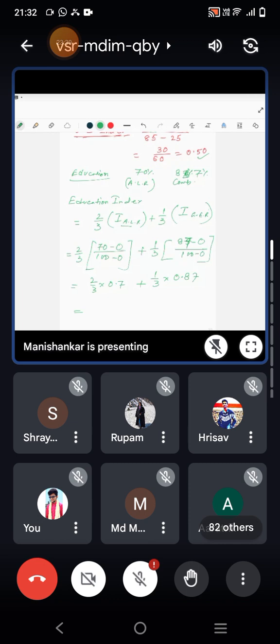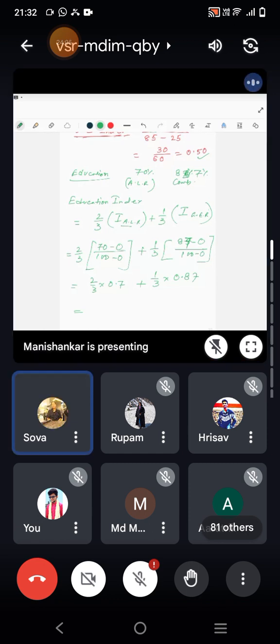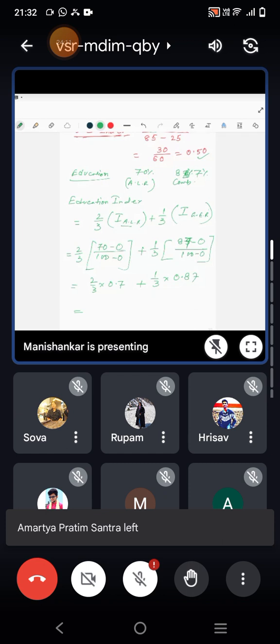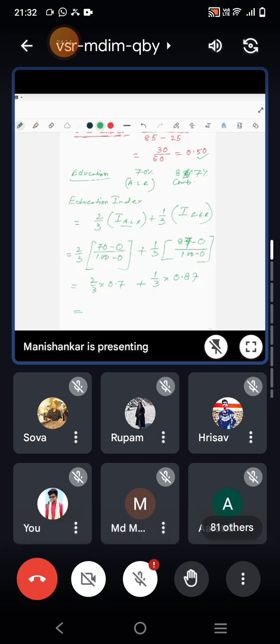Anyone calculate the value? 2/3 of 0.7 is about 0.47, plus 0.87 divided by 3.